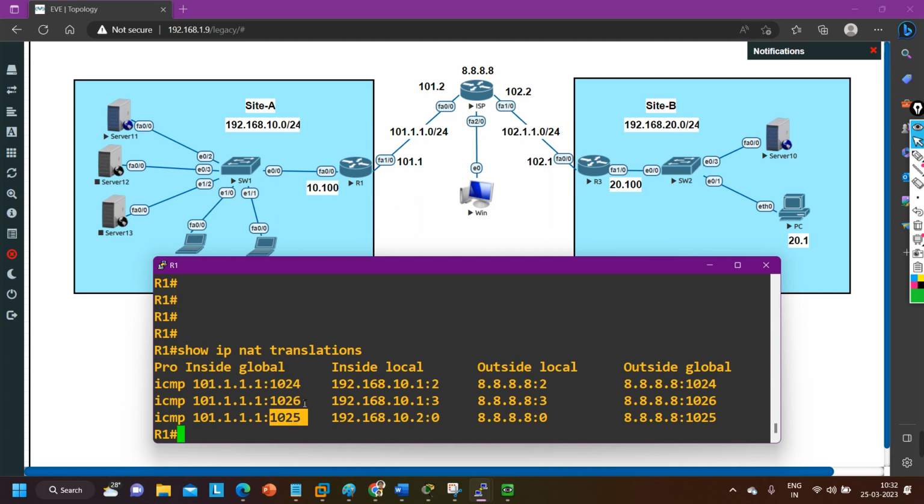So the source port, you can see, is 1025 for Ruby and 1026 for Karan. Yes or no? So PAT is going to put one port number for one user. Okay, and this is how PAT works.